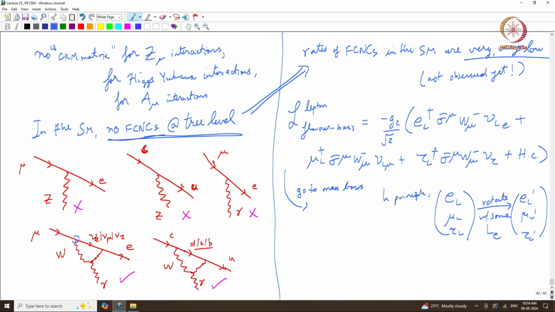I can always do this. Of course, I can also rotate the neutrinos as well. So I have this, and I can rotate this using some matrix of course, just like in the quark sector.